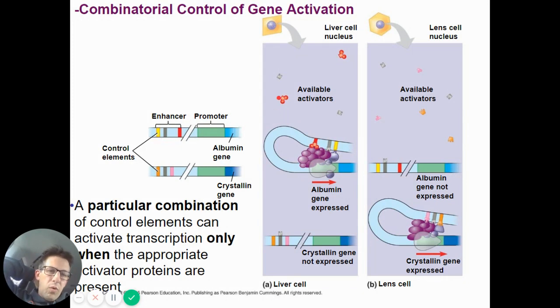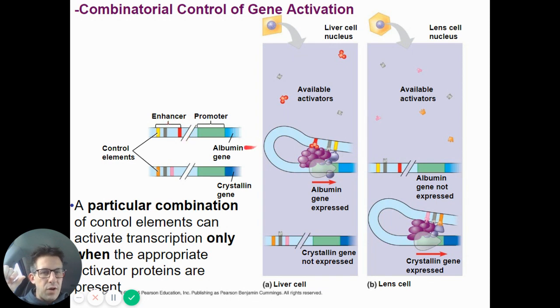But what we notice here is that in this picture, somehow, there is a reason behind the somehow, but we're not going to get into what that is, these little red activators and these little gray activators are available. They will bind to this portion of the enhancer.